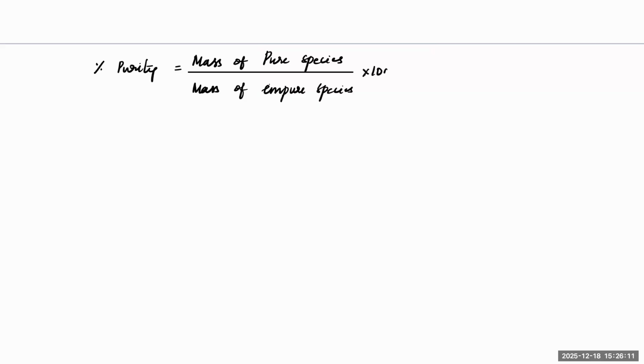This is percentage purity. All good? Very good. So whenever you see percentage purity, this is what we are referring to.